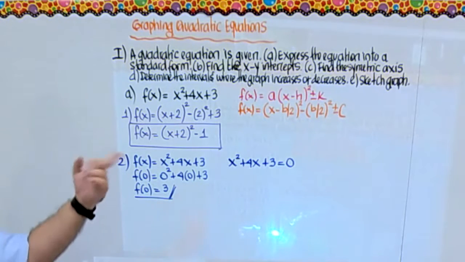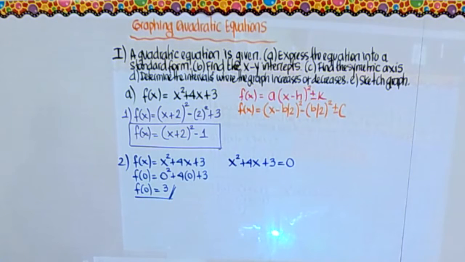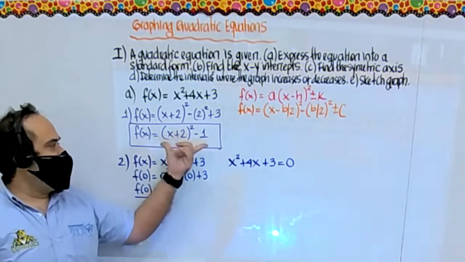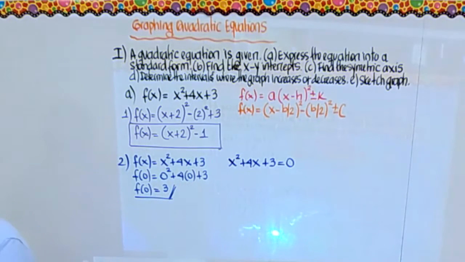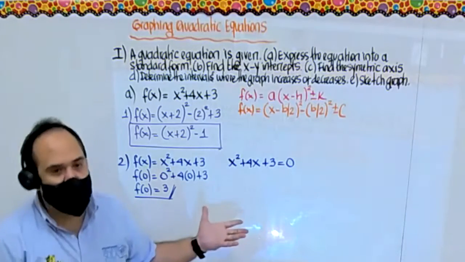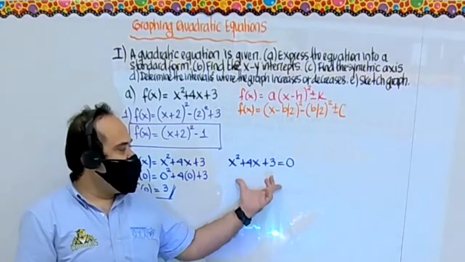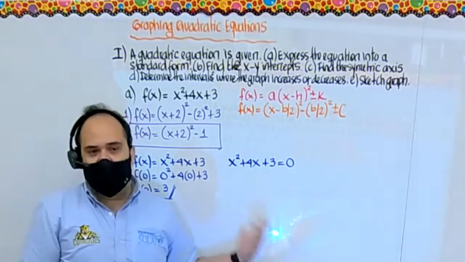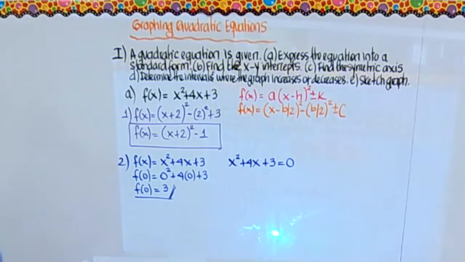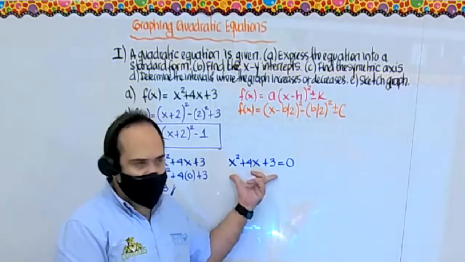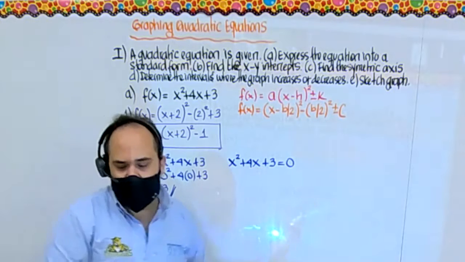The first one, trial and error, or we can use completing the square, or the third way, the quadratic formula. Because we haven't seen how to apply the quadratic formula, I'm going to show you how we can use it to solve this problem.